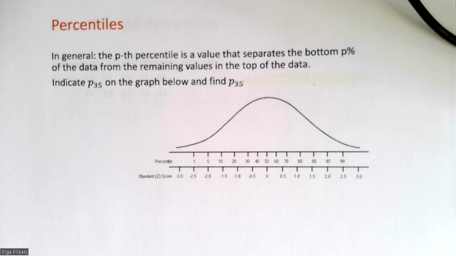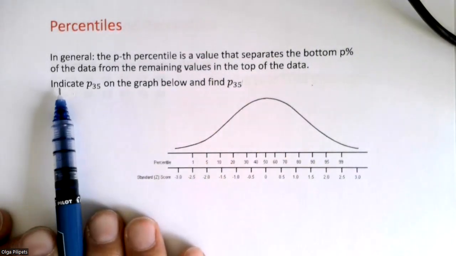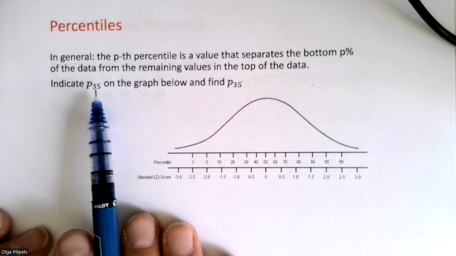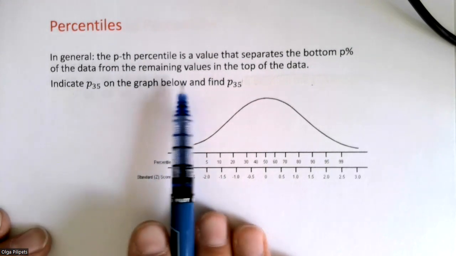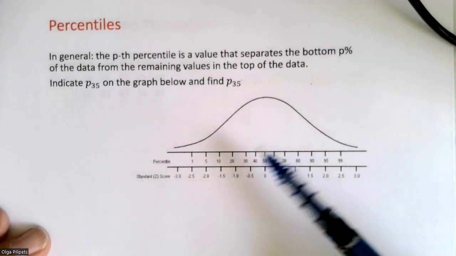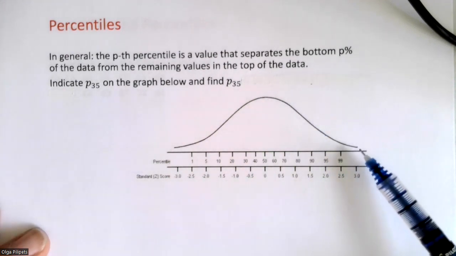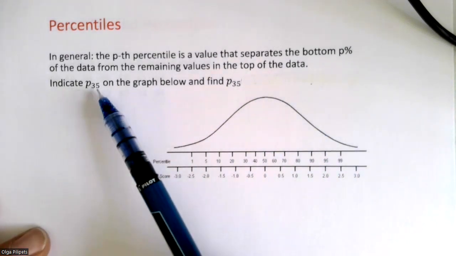In general, the P percentile is a value that separates the bottom percentage that's given from the remaining values on the top of the data. So for example, it says here, indicate P with a subscript 35 on the graph below. Okay, so let's say we have a normal data set like this one. Where would be P35?